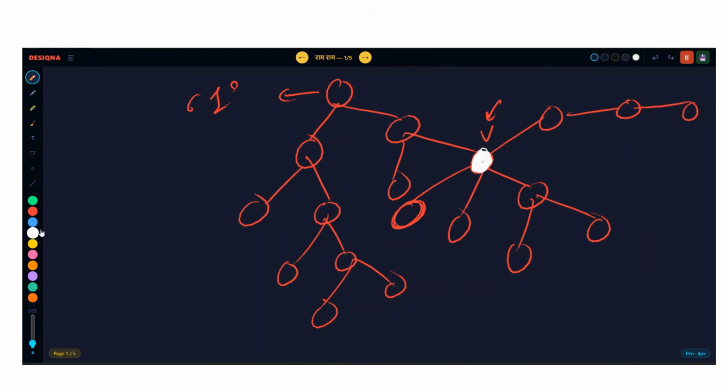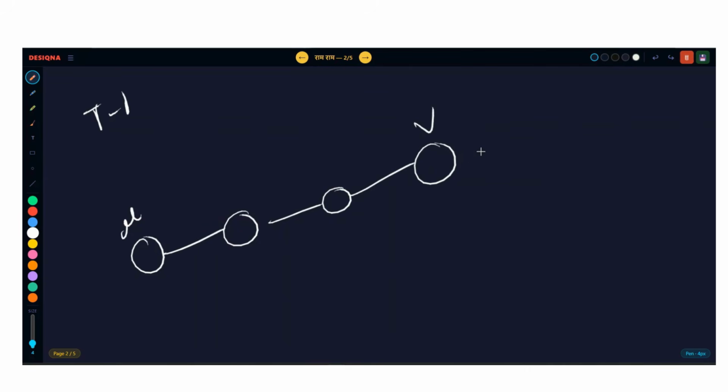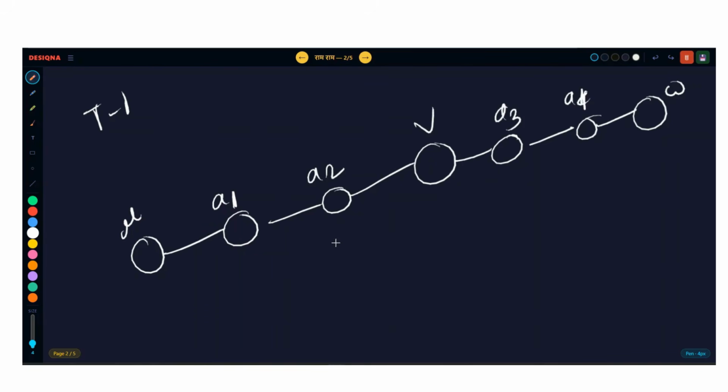Before discussing that, let's see how it generally looks. Type 1 paths look like this, right? This is U. Then you reach V somehow, assuming V is in the middle. Then you reach W. Let's call this node value A1, this node value A2, this node value A3, this node value A4.